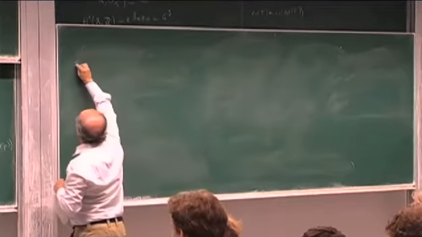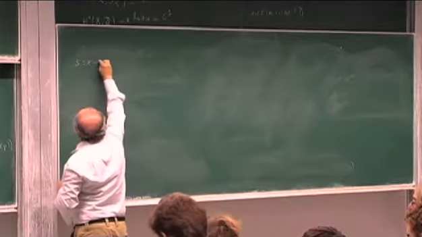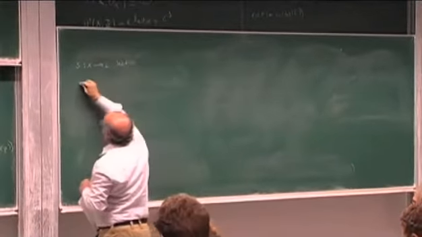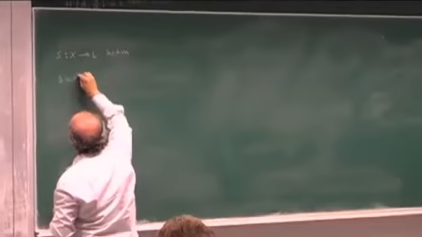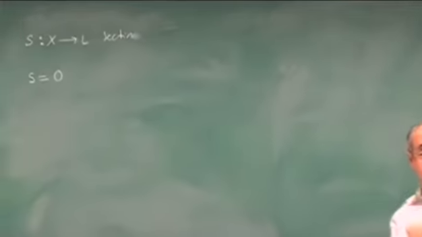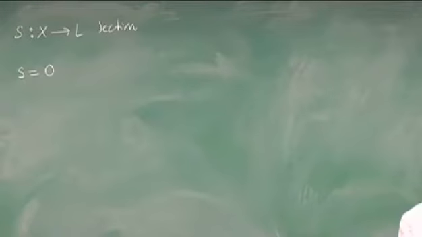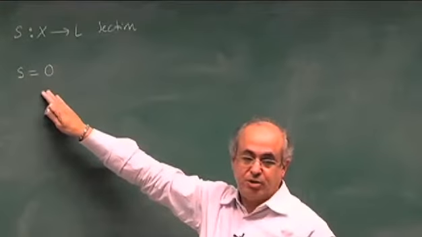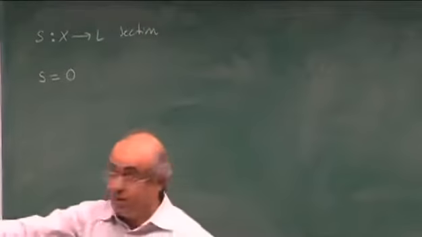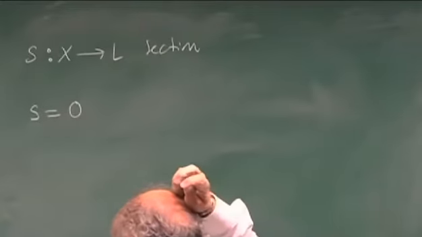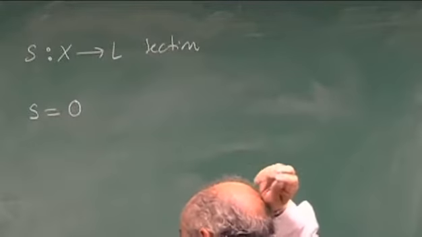So again, I take a global section, and then I understand that at least locally, the condition S equal to 0 will give hypersurfaces in X. It will give something which is given locally by the vanishing of a holomorphic function, this function here.